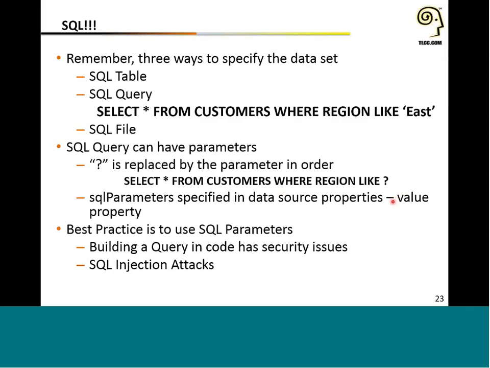Then what we're going to do is pass it some SQL parameters, and we can have as many as we want. The SQL parameters are going to be a list, and wherever a question mark is found, it will get the next parameter in the list. So you want to use the SQL parameter wherever you're going to have a SQL query that has something that's going to be a variable.